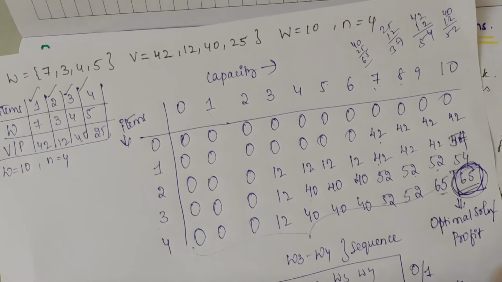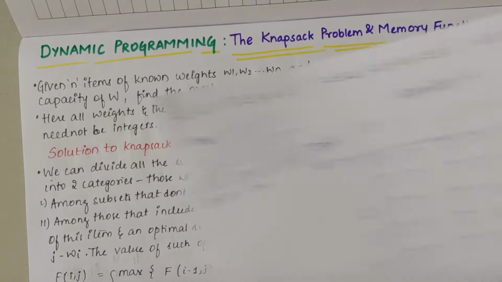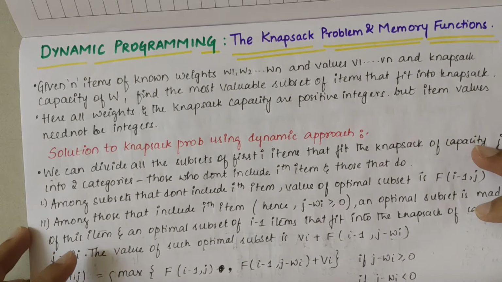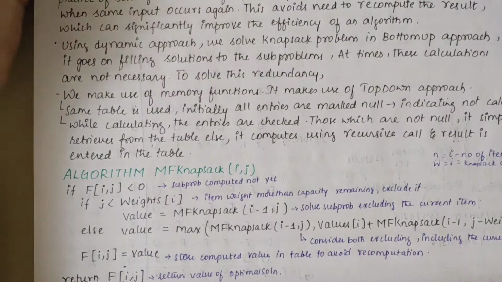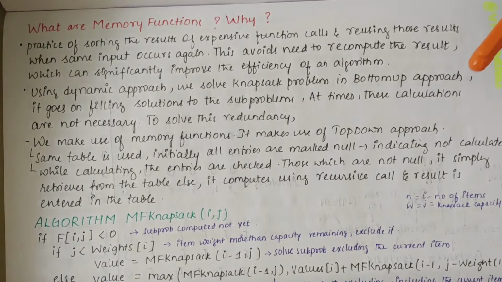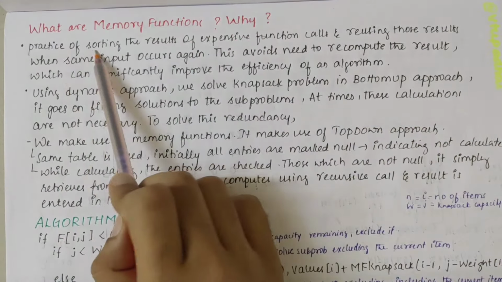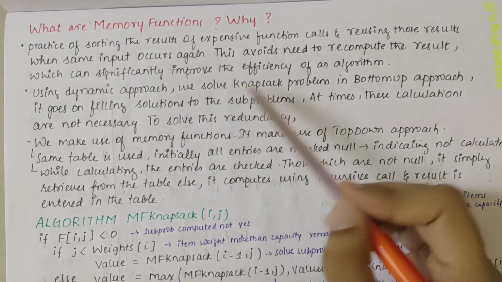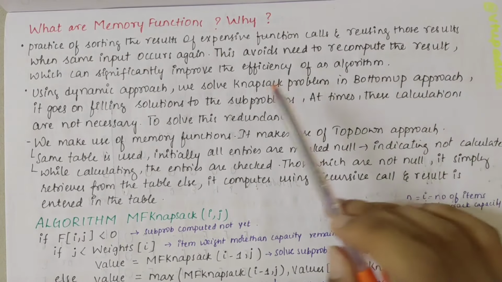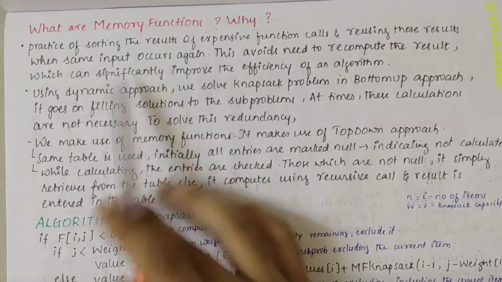So now that we have looked into two problems about the knapsack problem, let's further look into the memory functions. What are memory functions and why are they important? It is the practice of storing the results of expensive function calls and reusing them when the same input occurs again.